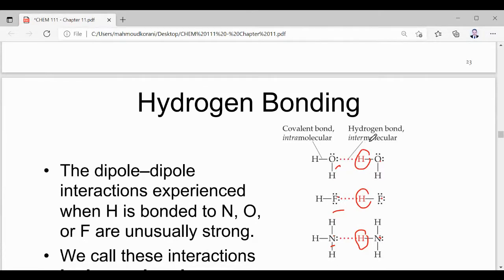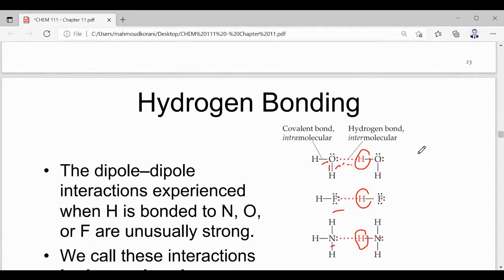This kind of electrostatic attraction is called hydrogen bonding. Just reminding you, the covalent bonds are intramolecular forces, and the red dotted line is the intermolecular force, which in this case is hydrogen bonding.